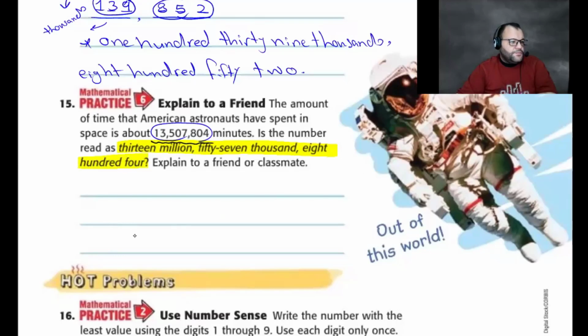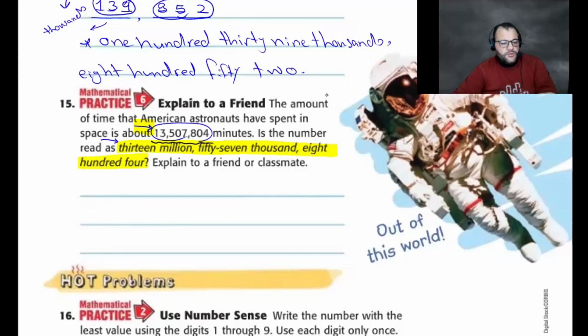Number 15. We have a number now, this number, in standard form. If you want to read it in word form, will that be the word form or not? Yes or no? Yes what?